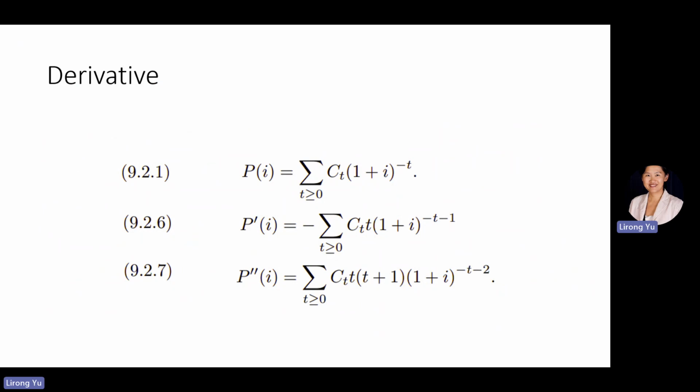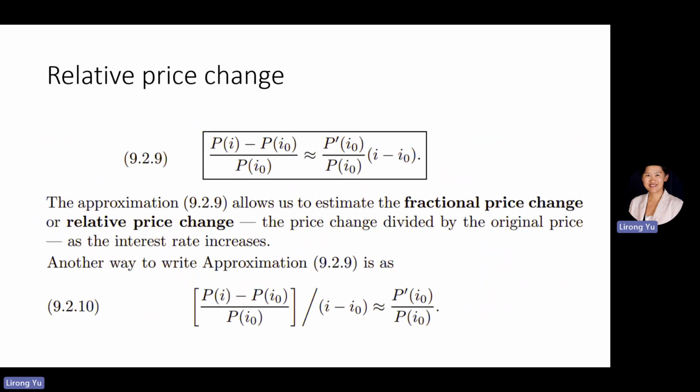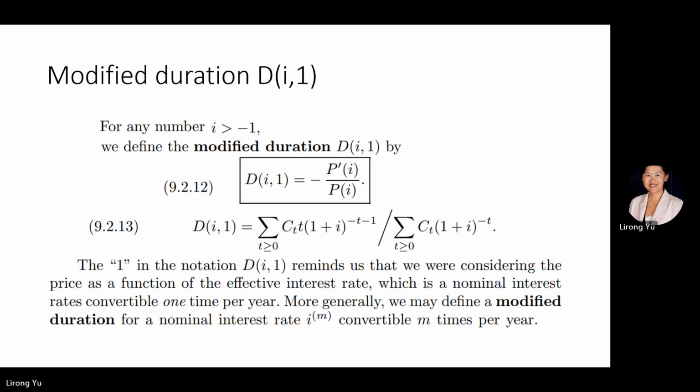So applying 9.2.6 and 9.2.1, we're able to model P(i) and P prime(i). With that, we're getting 9.2.13. And this is a calculation of the modified duration if the nominal interest rate is i.